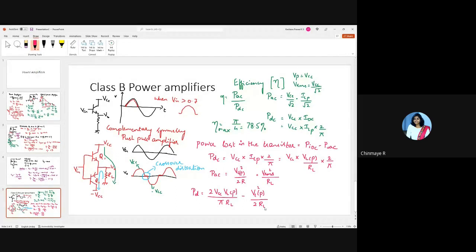Correct? So basically this is the power dissipated in the transistor.